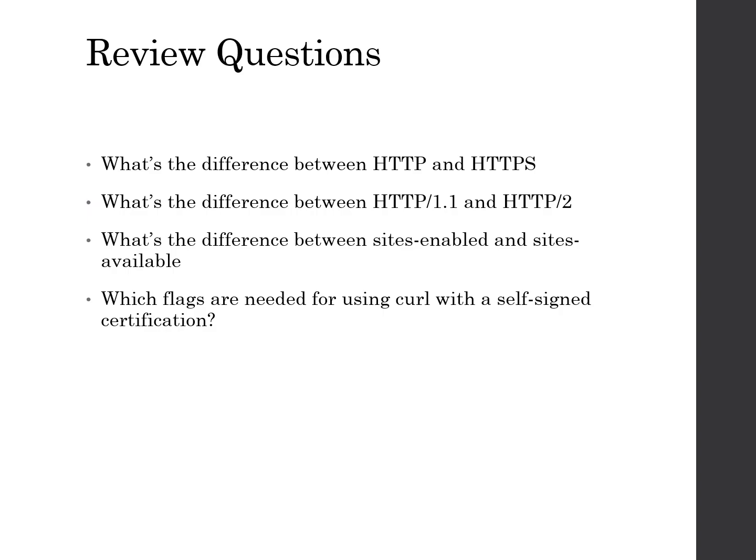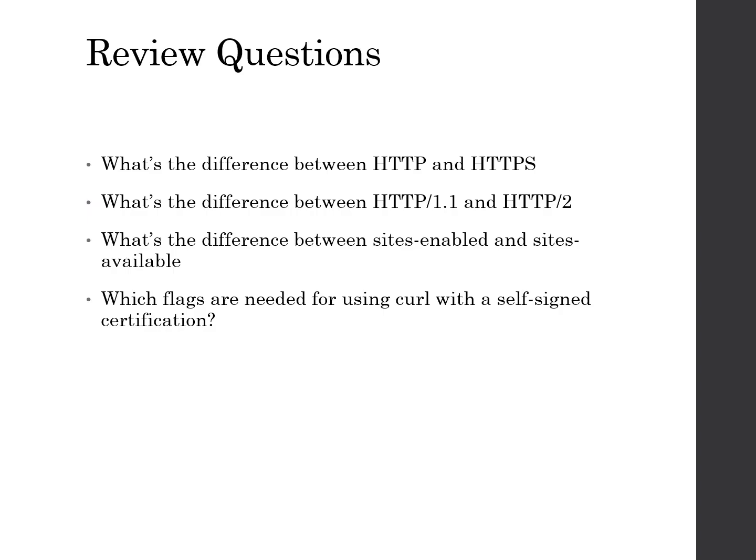The first one is, what is the difference between HTTP and HTTPS? I'll give you a second to pause and think about that. The main difference is that HTTPS encrypts traffic, whereas HTTP is not encrypted and is in plain text.